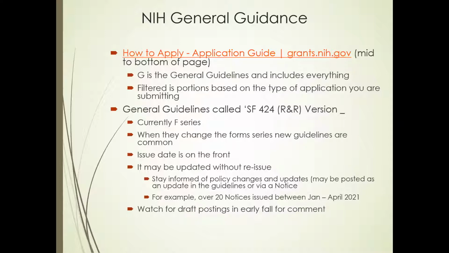So you want to make sure you always look through those notices and see if there's anything that you need to open up and read that might impact the submission that you're working on. They normally post the new general guidelines in the fall, and they give anyone who wants to look at them a chance to go through and look at what is changing to see if they have any issues with it.